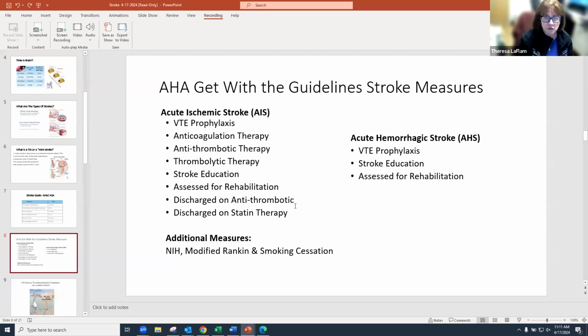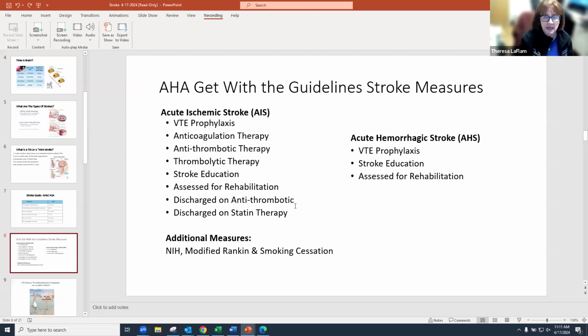Anticoagulation therapy on its own is required by our stroke core measures for all patients who have a history of AFib or atrial flutter. So for atrial fibrillation and atrial flutter patients, we have to follow the anticoagulation therapy measure, which means those patients have to be on one of the medications for that, like the warfarin or the Eliquis or even a heparin drip.